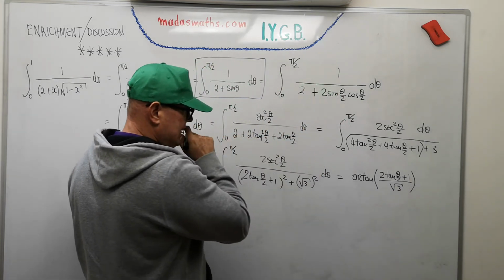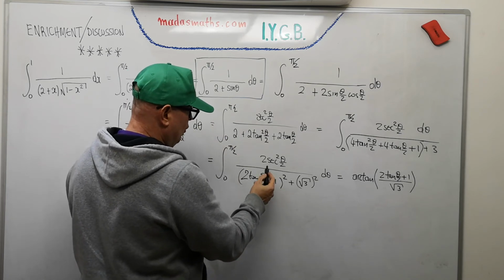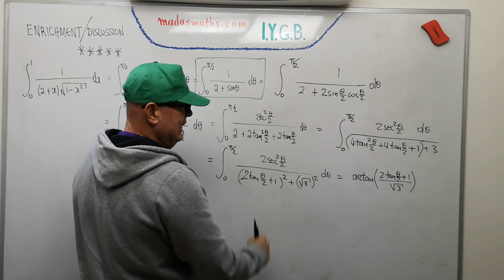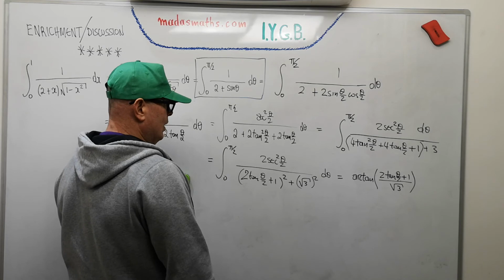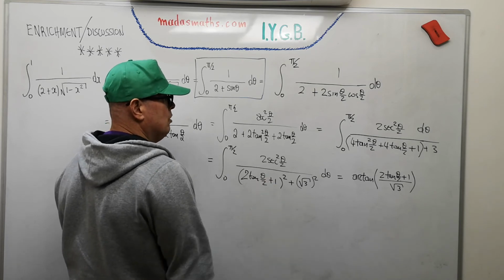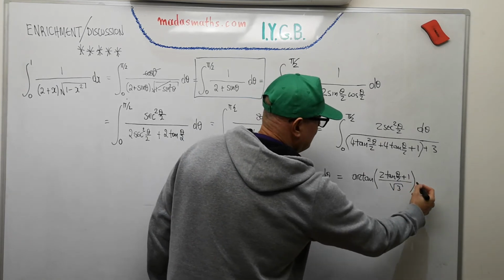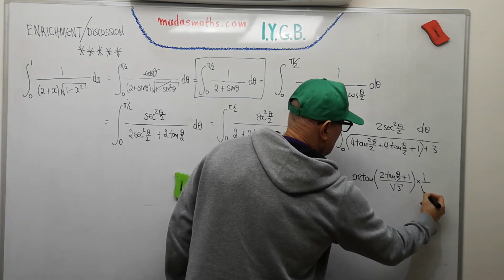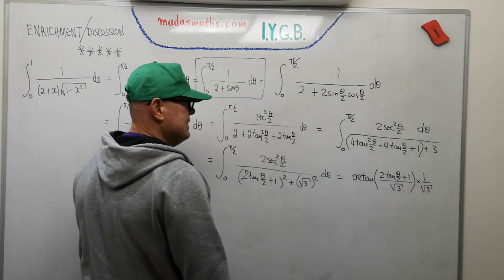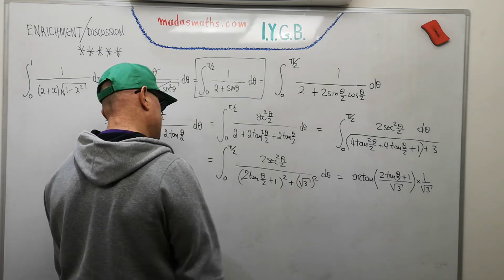So if I differentiate this quantity, this will produce this denominator. But in order to adjust it, I need to do the following things. First of all, I need the 1 over root 3, part of the standard result. That's from this bit here.